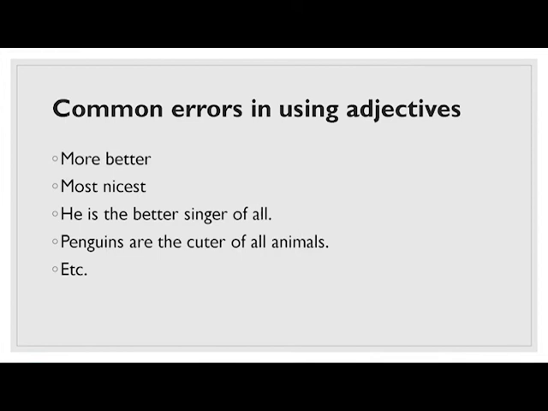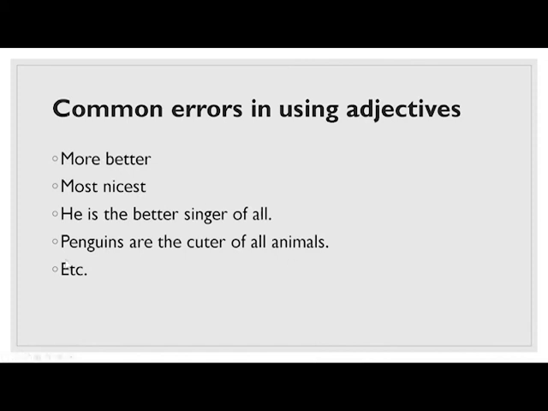Of course, it's also wrong because we have used two superlative forms of the adjective, which is incorrect. Instead, we would say, my friend is the nicest person I know. So, the nicest person I know is correct.